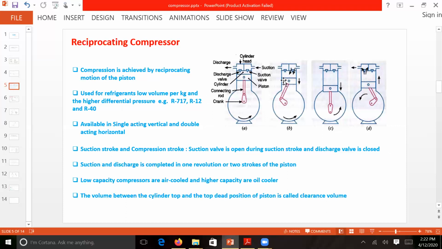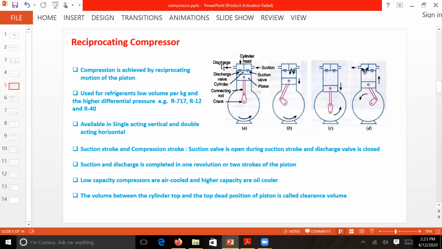Low volume means it will have less specific volume, so the size will be less. Because it has moving parts, the piston will be heavier. So for low volume applications, reciprocating compressors are used. They are available in single acting vertical and double acting horizontal.